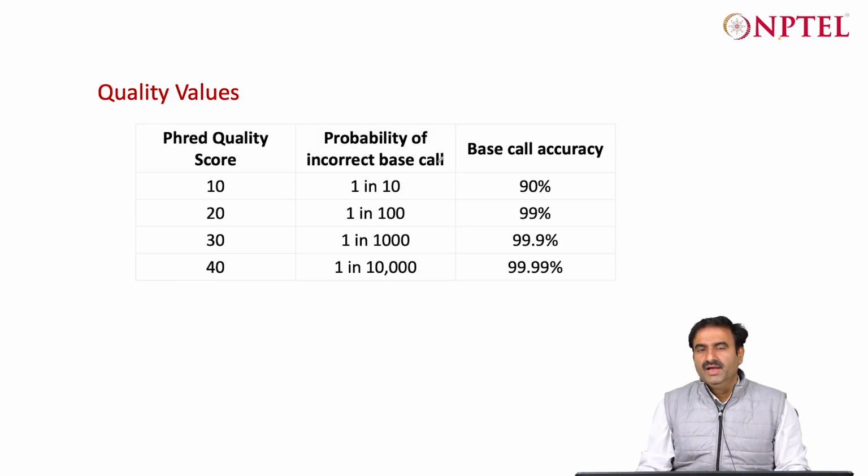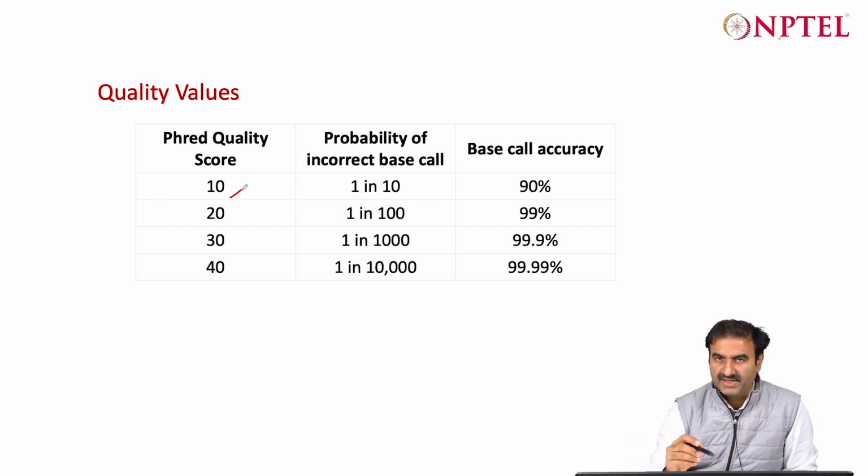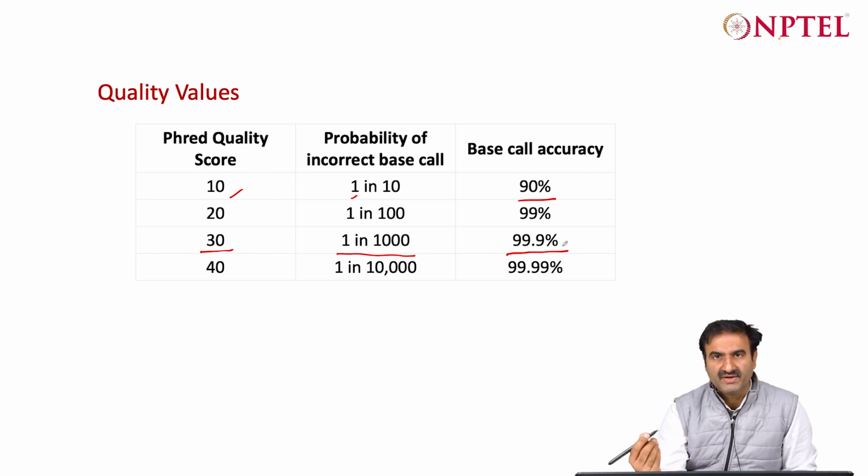Okay, and the DNA sequences that you get from the sequencer have quality values. For example, a Phred score of 10 means that for every 10 bases there will be one incorrect base call. That is very low quality; it means you get 90% accuracy. And Phred 30, which we use, means 1 in 1000, so one base pair in 1000 base pairs will be erroneous, and it refers to 99.9% accuracy.